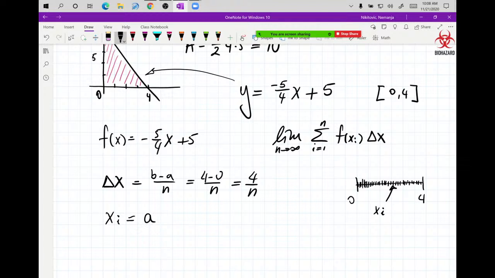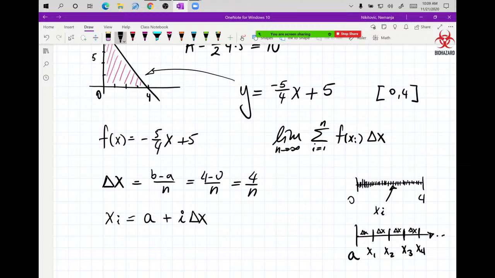Well, it's going to be a plus i delta x. If you think about it, let's space it out. This is your a, where you start. This is your x1. This is your x2. This is your x3 and x4, going on to meet b someplace. You see that each one of these is delta x width.